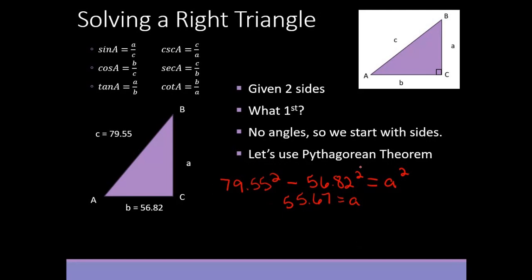I'm sorry, I skipped that step. I would have had to take the square root of my answer in order to get A. Okay. And then this is what we end up with. So that is A. So now we have A.